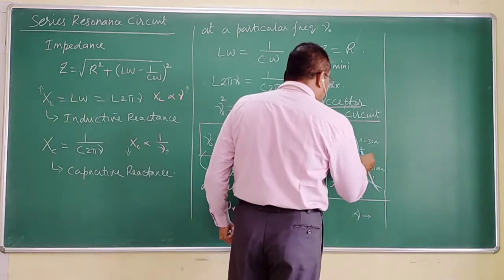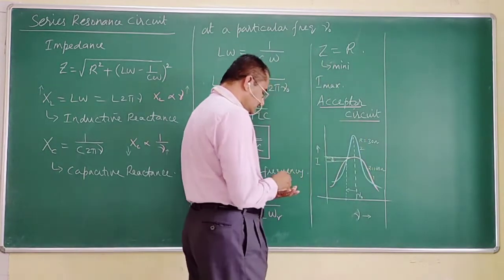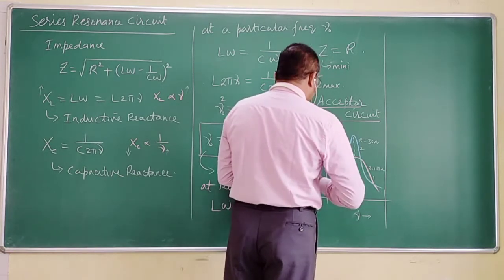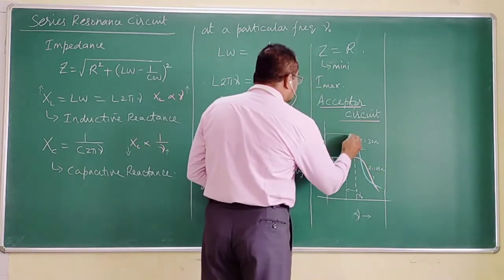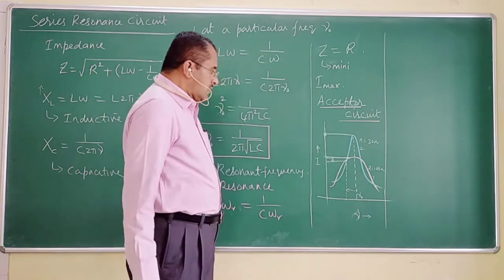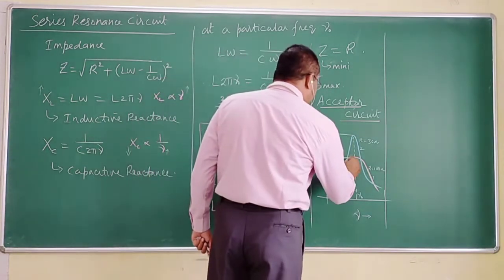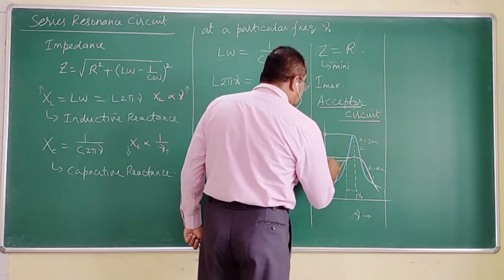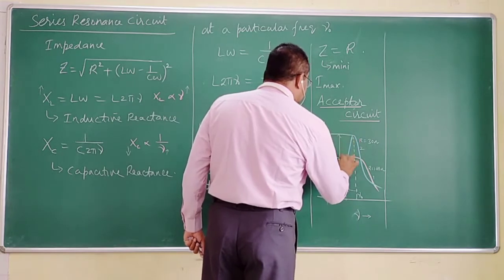However, if I take curve 2, this point corresponds to maximum current, and for the same deviation, you find the current variation is large.